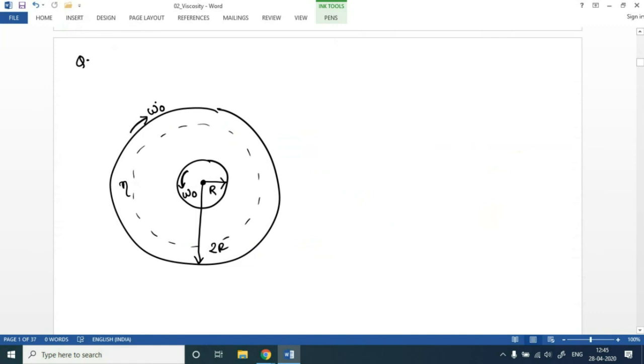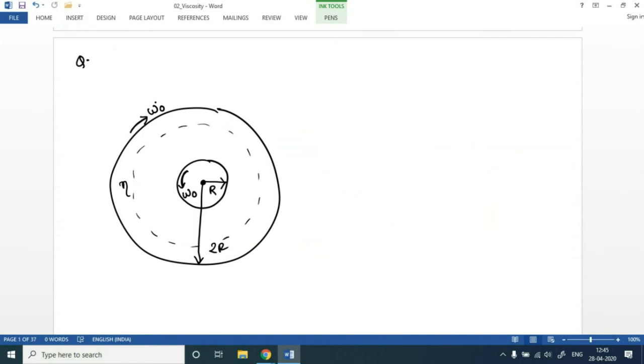Due to the motion of the cylinders, the liquid between them will also be moving, and different layers will have relative motion with respect to each other. The adjacent layers apply tangential force over each other, and that is why they exert torque on each other, which sets up an angular velocity profile.